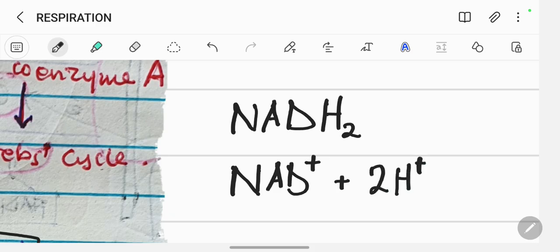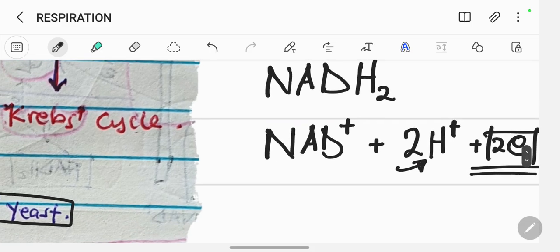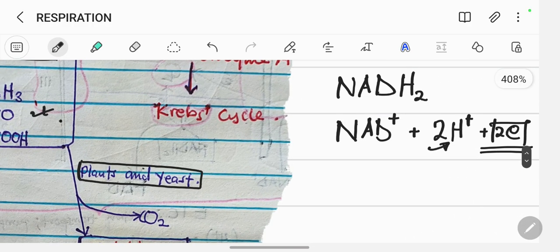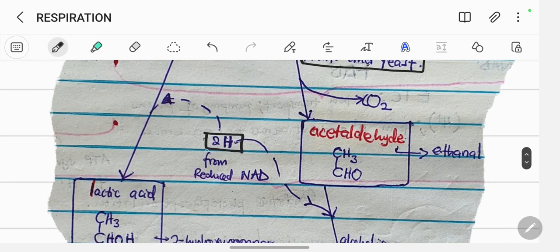Where are the electrons? We have 2 electrons. So these are the 2 electrons that NAD was carrying and the 2 hydrogens. Are you seeing that? So what happens is that NAD is going to come and submit these 2 hydrogens here. These are the 2 hydrogens from NAD.